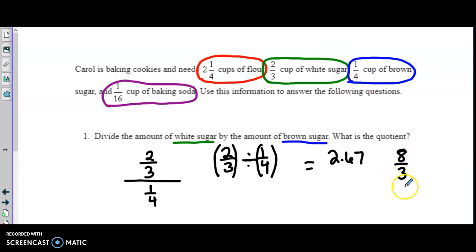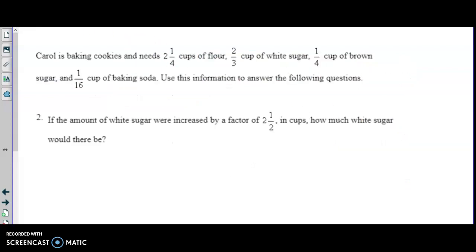So we would count by 3: 3, 6, 9. 9's too big, so it goes in twice. 3 goes into 8 twice, which is 6, and it has 2 as a remainder. So these are the 3 different ways you could write it: as a decimal, as an improper fraction, or as a mixed number. Let's check out the next one.